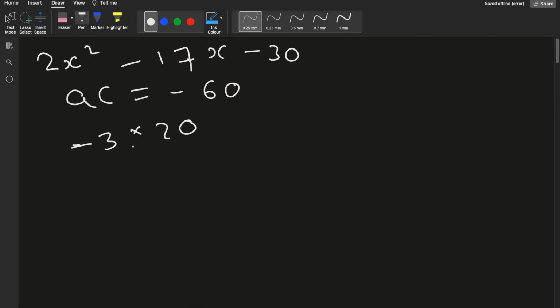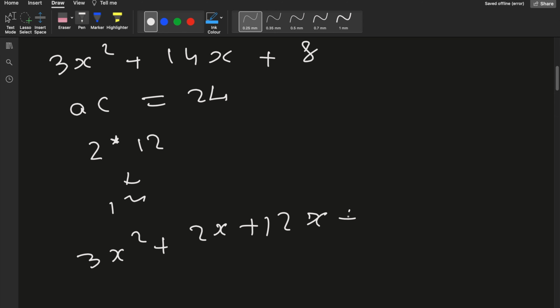AC equals 24, and then 14, right? So we have 2 into 12, yes, that's 14. So we write 3x squared plus 2x plus 12x plus 8.